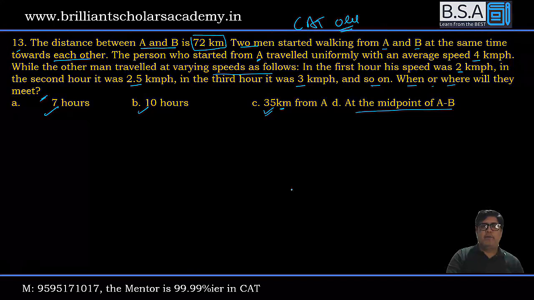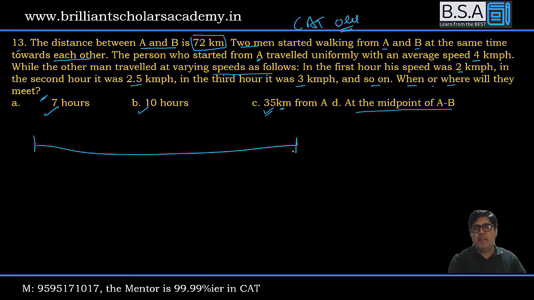Let us break this down. What are the names of the locations? A and B. The distance between the 2 points is 72 kilometers. There are two people. Let us call them X and Y. The person starting from A travels at a speed of 4 kmph.